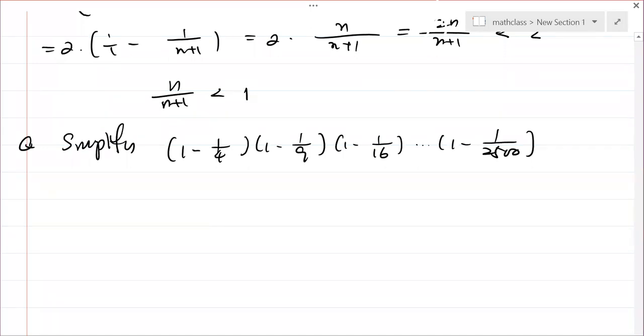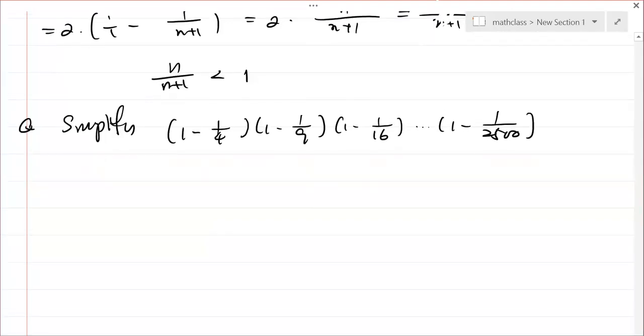The denominator here is always a perfect square. Okay, so let's look at the perfect square, k square, right? What are we going to do with this? You're going to get k square and k square minus 1.